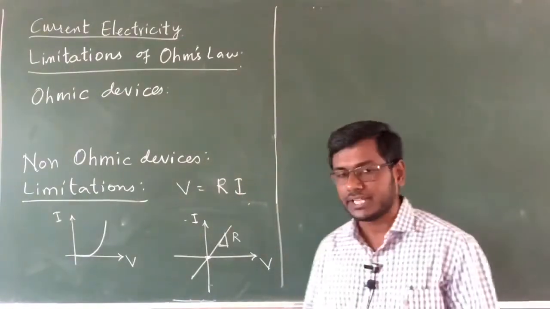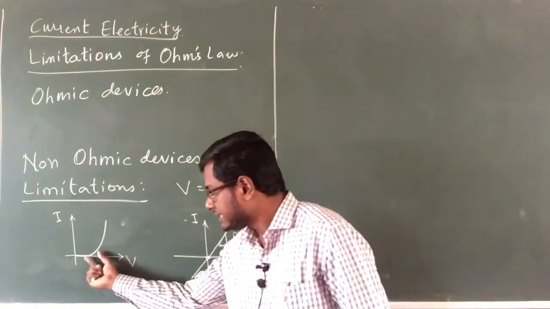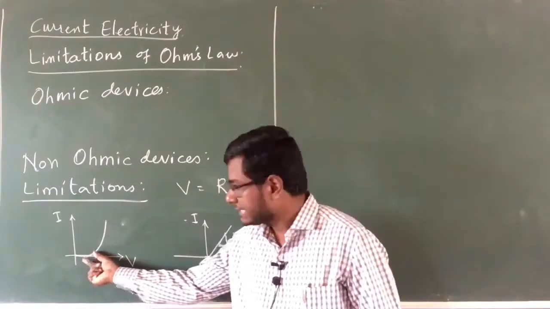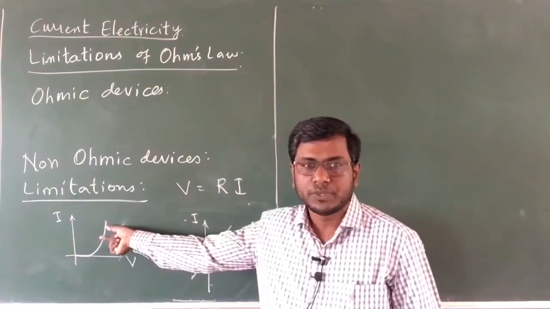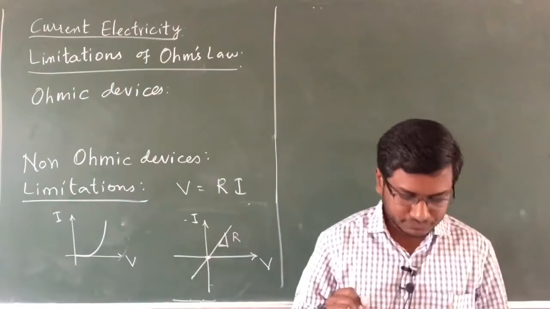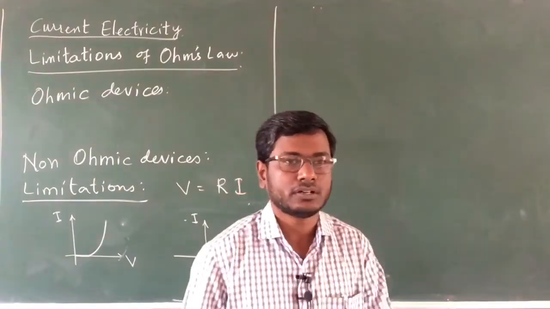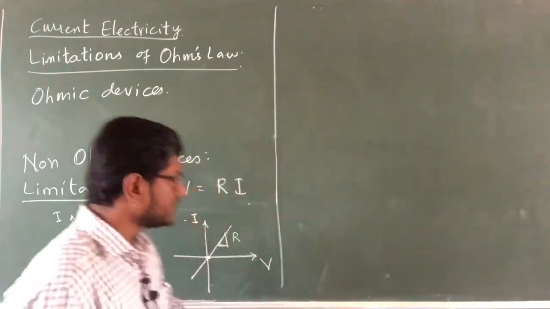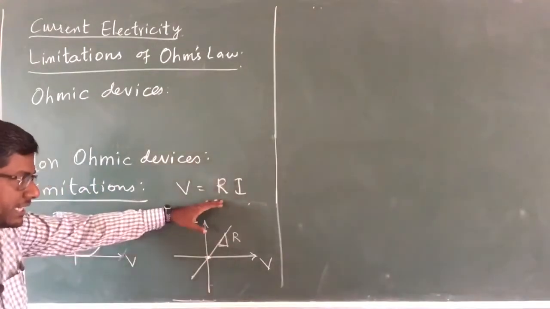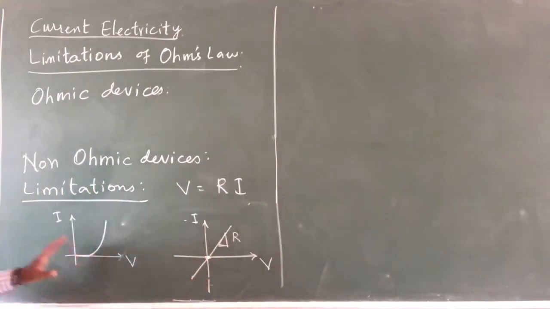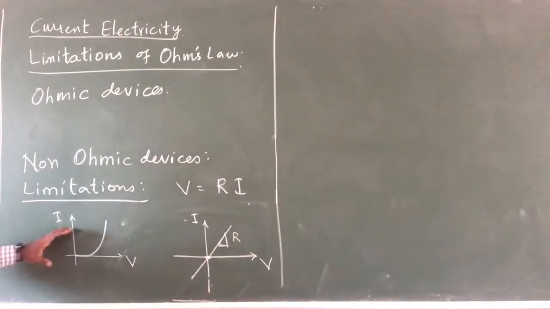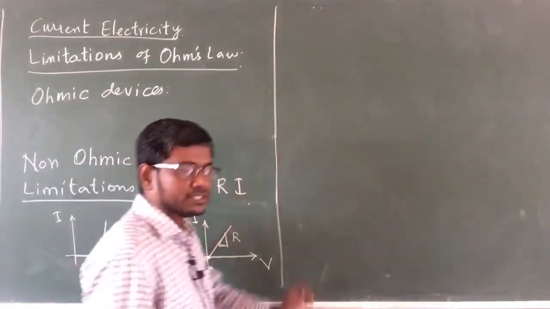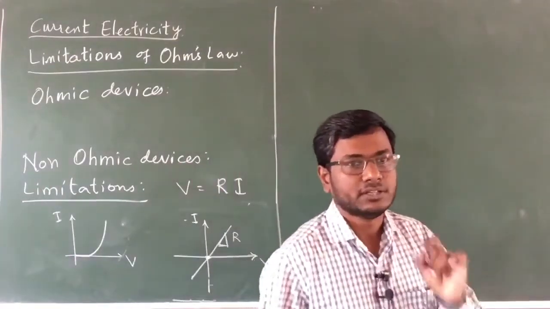By observing, you can say that in this region the slope is less and in this region the slope is more. That means the slope is not constant, so I am not going to get a straight line in this graph. That means this kind of device will not obey Ohm's law.